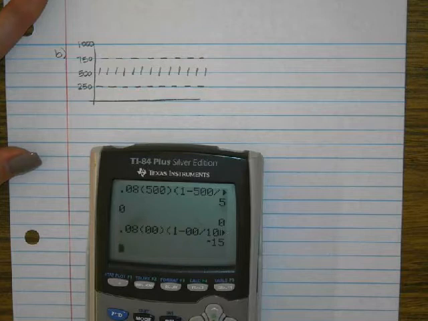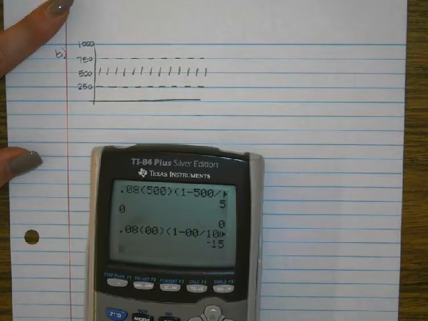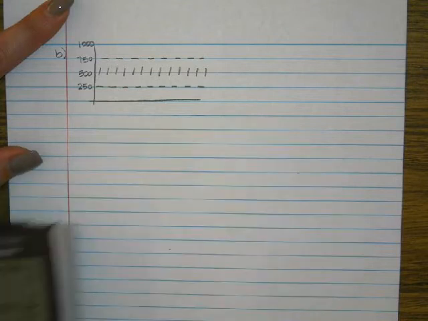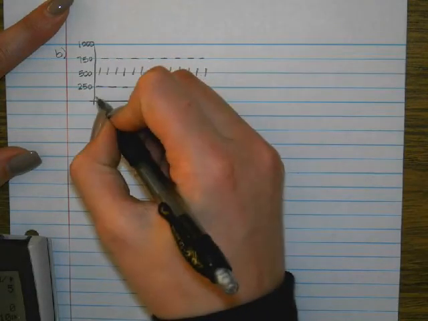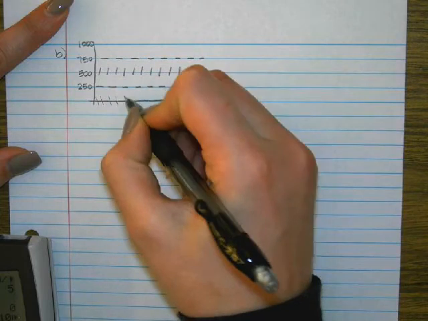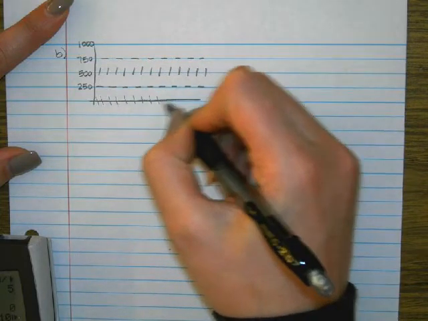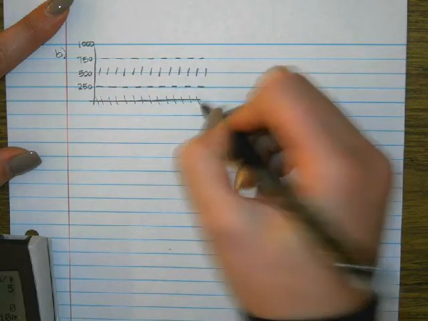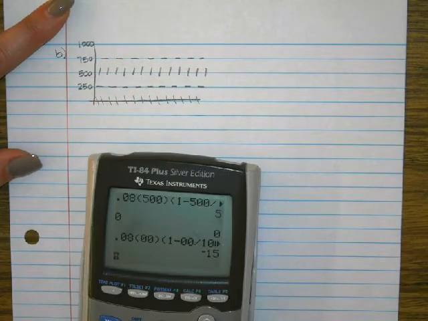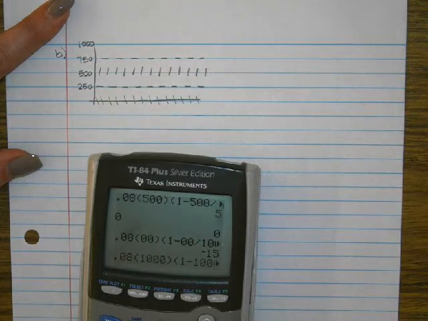If you plug 0 in, you actually get negative 15. Isn't that interesting? And then if we plug 1,000 in, we get negative 15 as well.